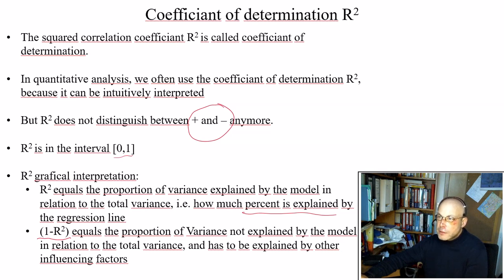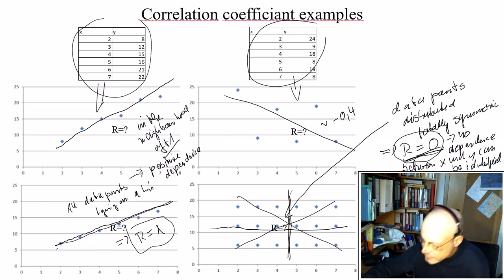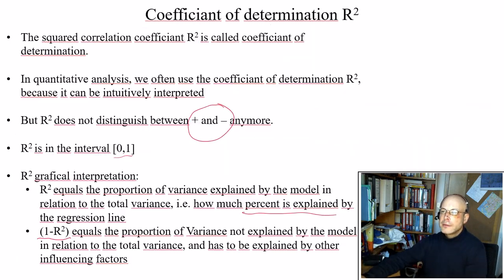But of course, then we have to keep in mind squaring a number means we have no information anymore about a positive or a negative dependence. But anyway, on the other hand, we directly see if we plot the data if we have fitted a positive or a negative line like in these two examples here. Okay, then.